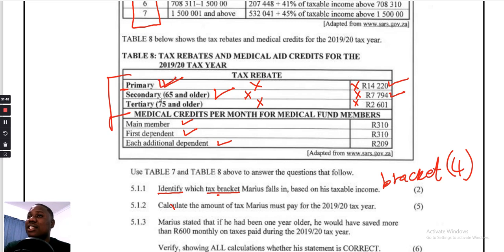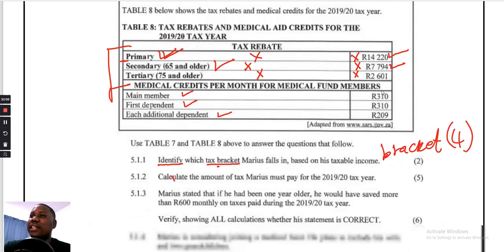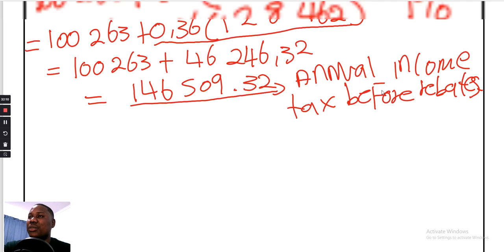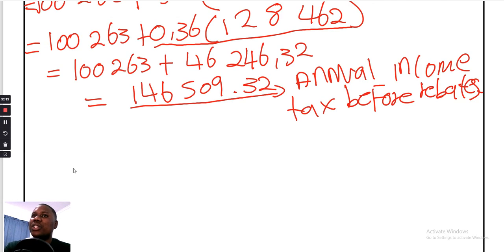When you look at the secondary, it starts from 65 going up, but Maras is only 64. That means she belongs only to the primary rebate, and the primary rebate is 14,220.